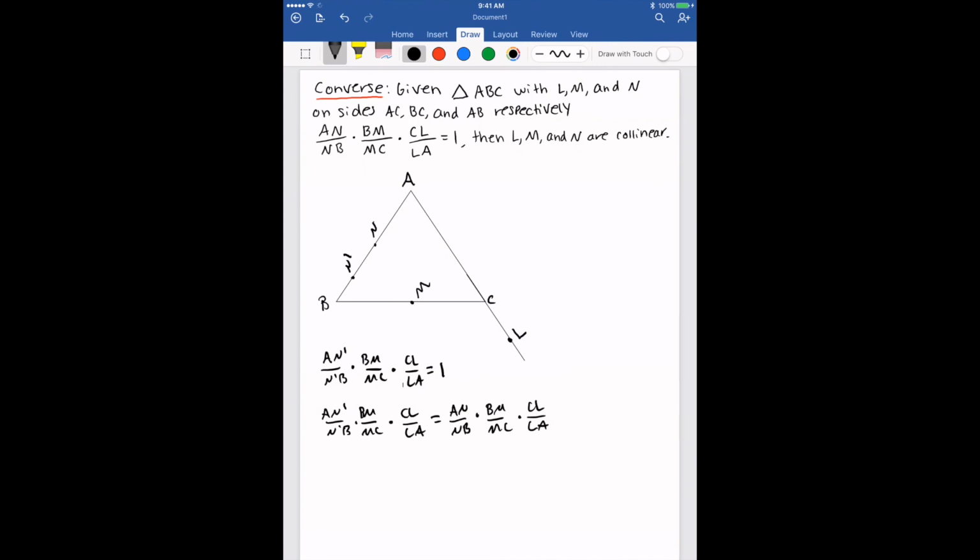Through the use of algebra, we can cancel out like terms, giving us that AN prime over N prime B is equal to AN over NB, thus ultimately giving us that N prime is equal to N, meaning that N prime and N are the exact same point, thus giving us that N, M, and L are collinear.